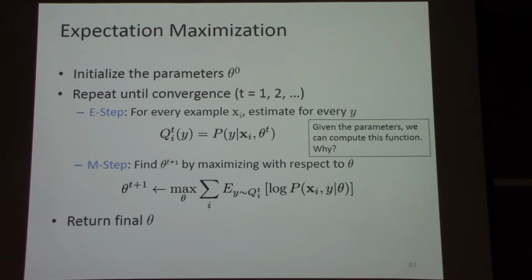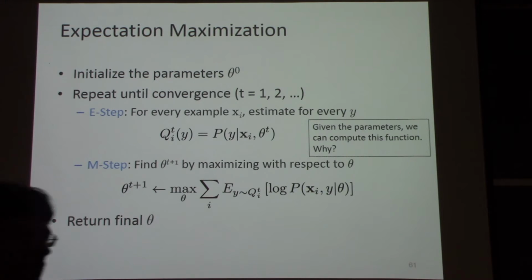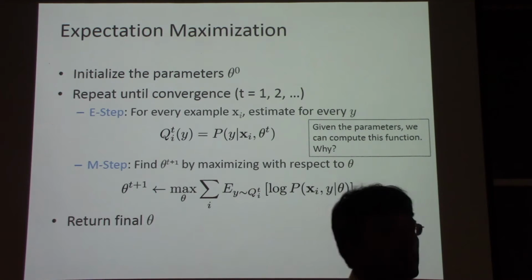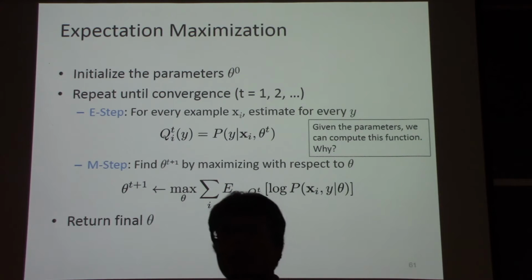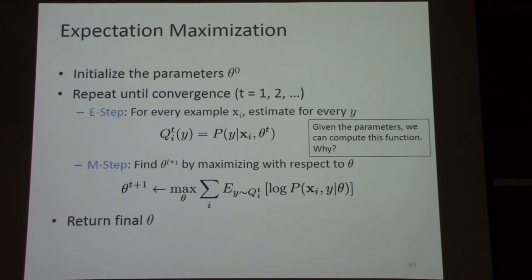Okay, a couple of other things. Just to make sure that you know this: if you have your current values of the parameters at theta t, the E step is easy to solve. Why?